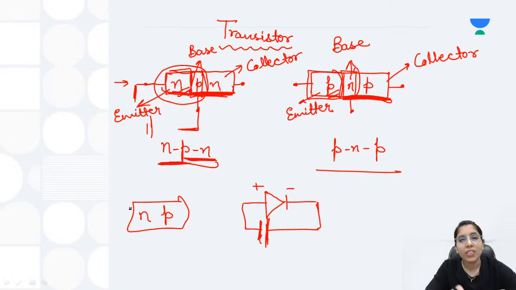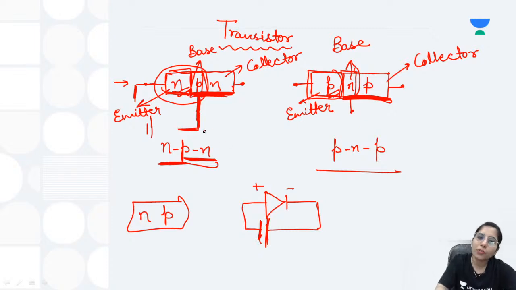Now the next thing about the connections you need to know. You have already got to know about the emitter diode, that it will always be forward biased, but the collector diode will always be reverse biased. Now what is the meaning of reverse biased? If P is there, we will consider it to be positive, because the majority charge carriers in the P type semiconductor will be holes.